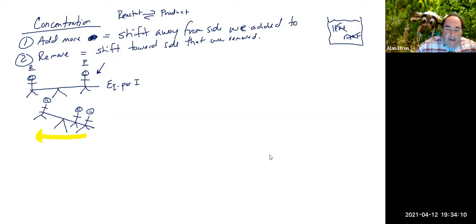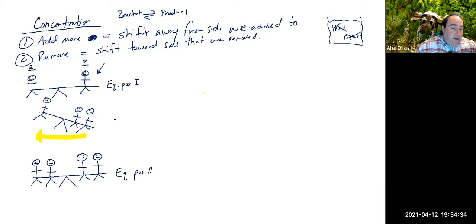And if we do that, we will once again get back to equilibrium position 2.